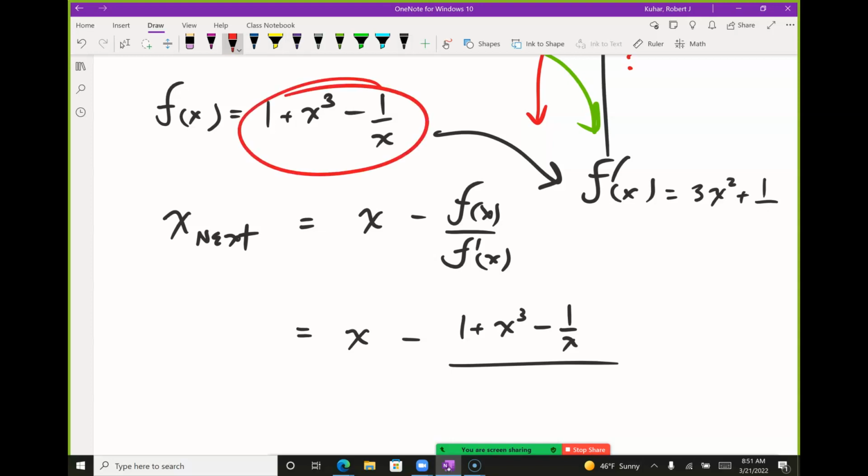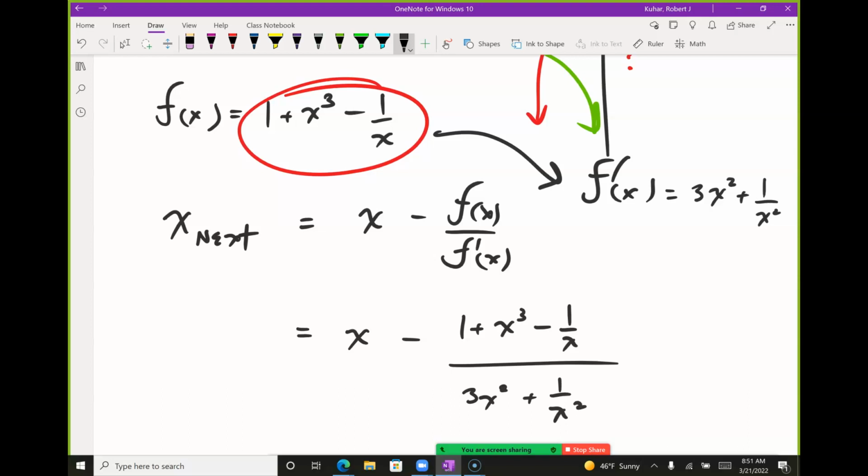What is the derivative of 1 over x? It should just be 1 over x squared. 1 over x squared, thank you. So I've got 3x squared plus 1 over x squared.